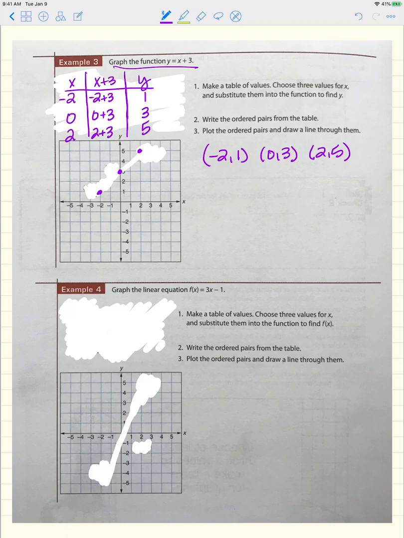So now what I have to do, this graph right here, if I just left this like this would not be complete, okay? Even though I have my 3 points, and even though my 3 points are accurate, it's not complete because I have to connect them with a line.